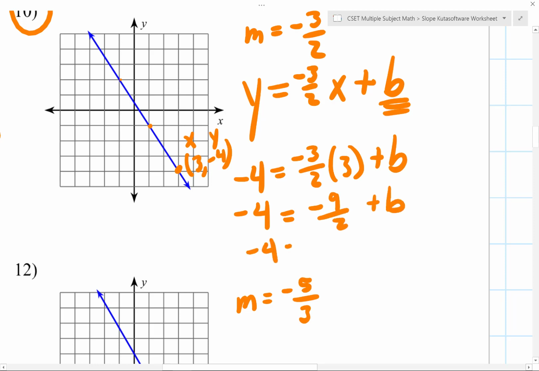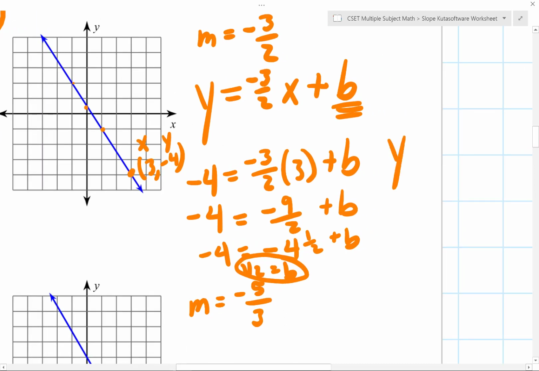I'm going to change it to negative 4.5 plus b, so that when I add the 4 over, it does become negative 4 plus 4.5 is a half. So b is a half, which is what you might have expected, but I just wanted to be sure. So b is a half, and so now we can write our equation.